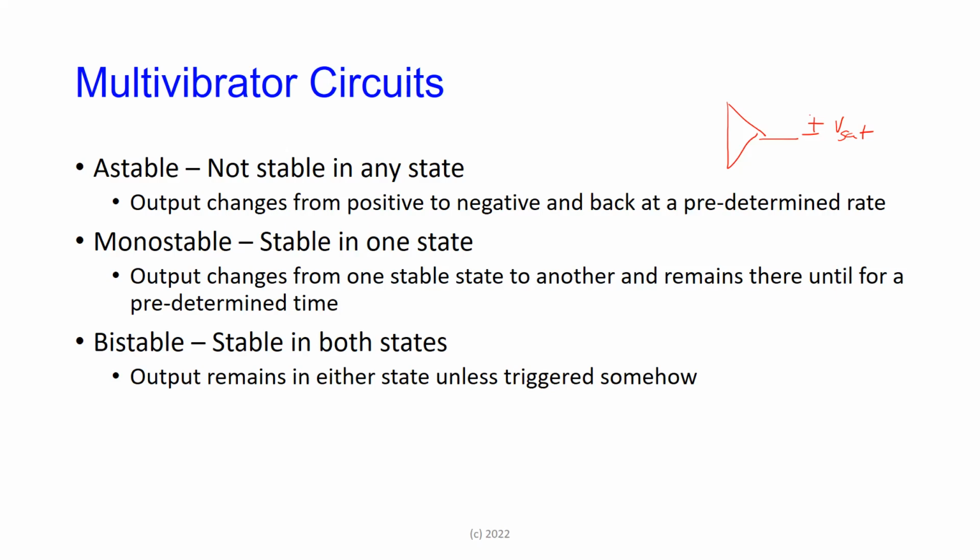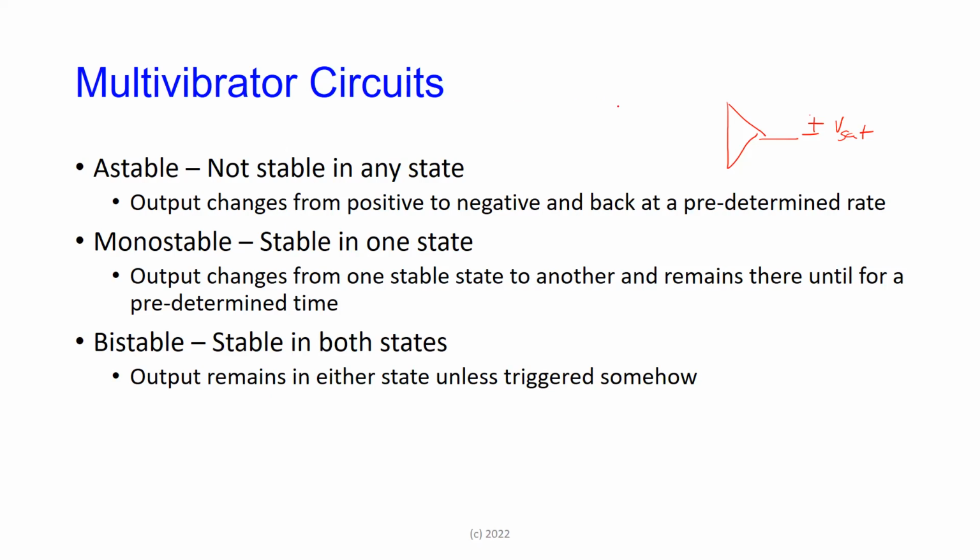But if you do something specific to it, the output will change to the opposite polarity and stay there for a little while and it will clear itself and then come back to the stable state. And then the bistable is one that stays permanently in either state unless you do something to it.